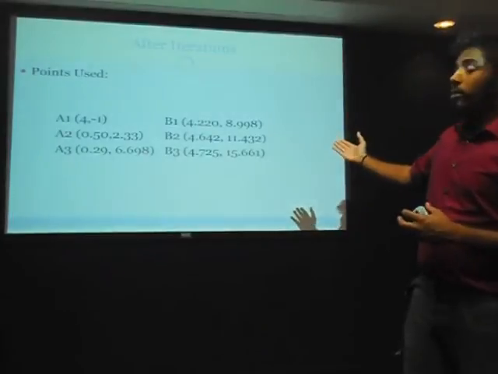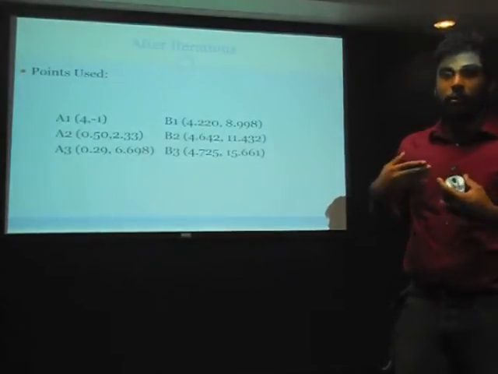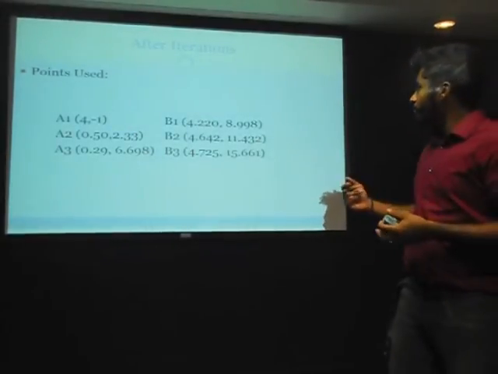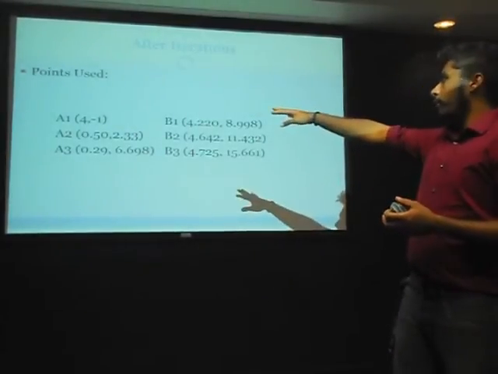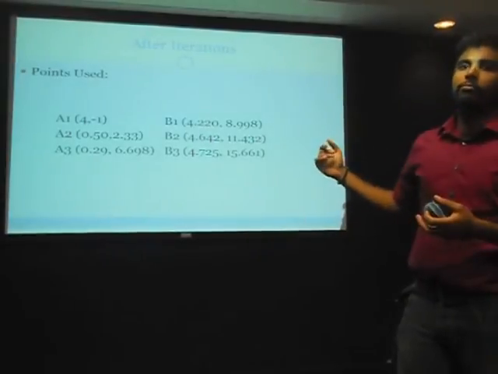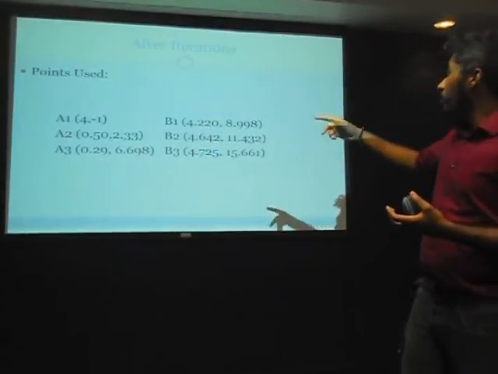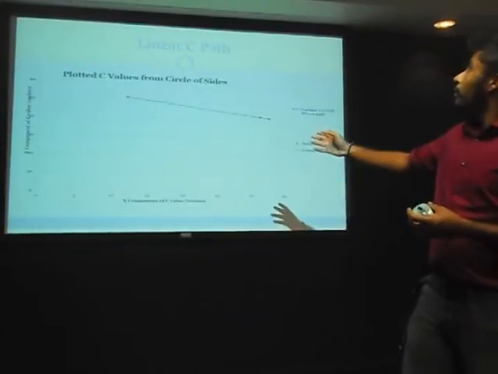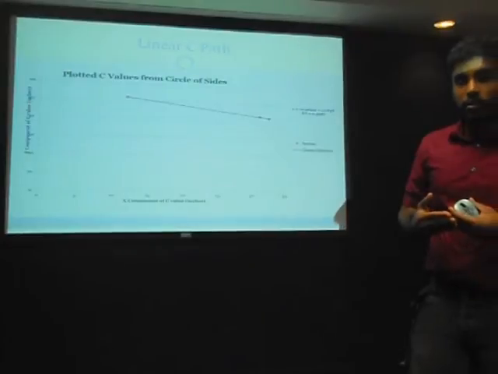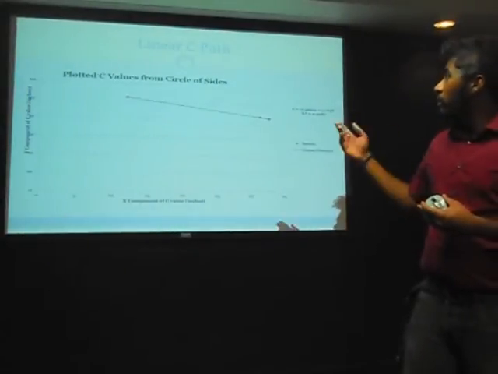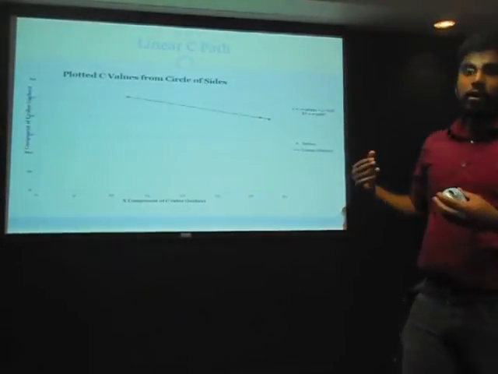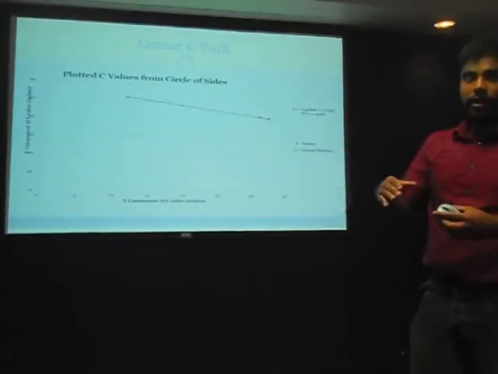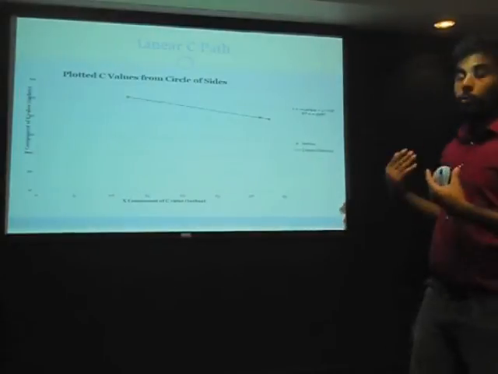So these are the points that we used after multiple iterations that worked with our example and what we found reasonable. As you can see here, for example, the first one went down -1 on both the A1 and B1 for both X and Y. So these are the C values that I spoke of before, and if they are not in line, saying that's position 1 up there, 2 and 3, if they don't go in order and in line, we can't use it.